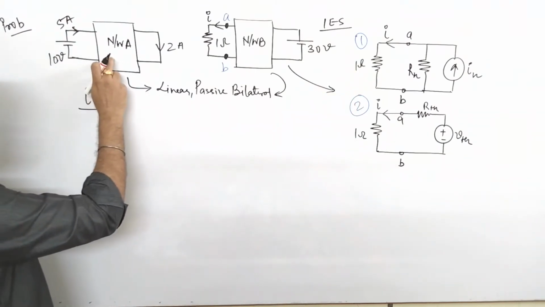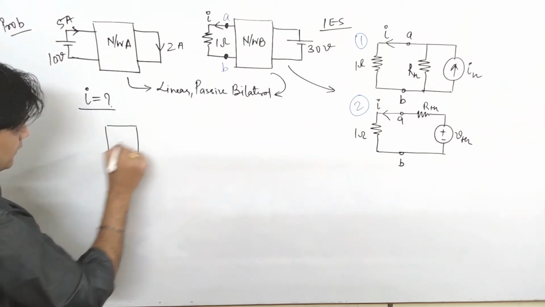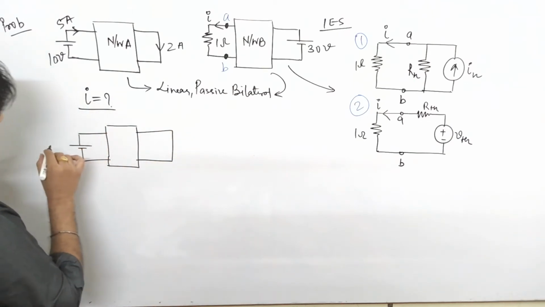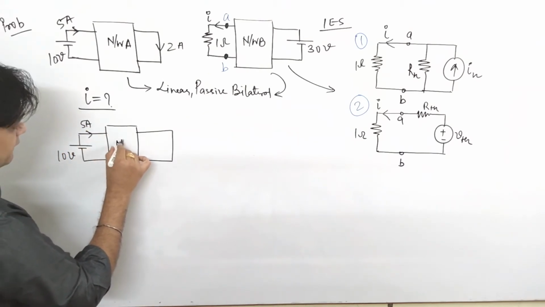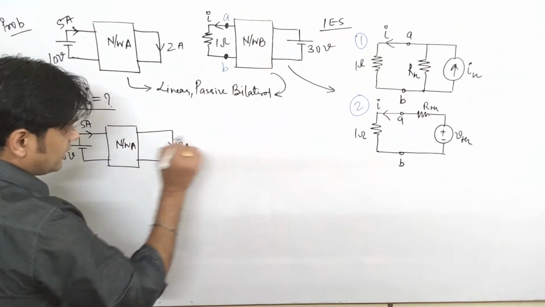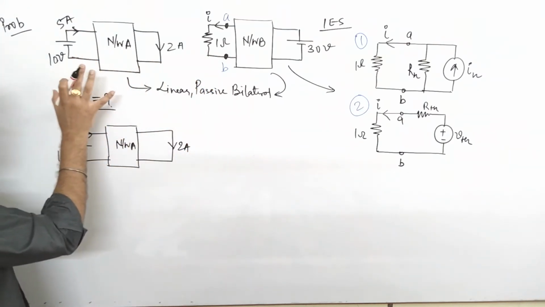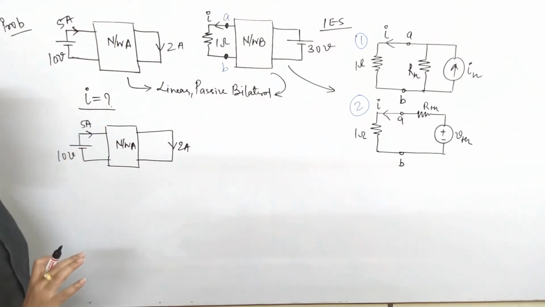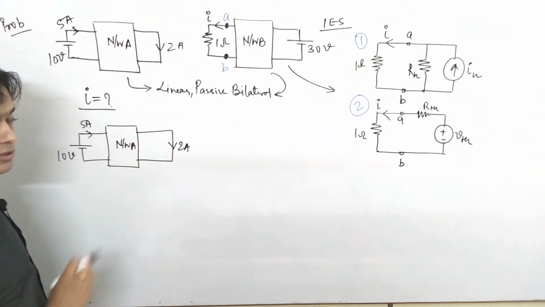The reason is, if you see this network, whenever you find a short circuit branch, here is a short circuit branch. This is your 5 ampere source and this is your network A, and this is your short circuit branch. Why am I saying that? Because as per our concept, if we interchange the position, the ratio of excitation variable will remain the same. So if I interchange, this comes to be a short circuit branch.